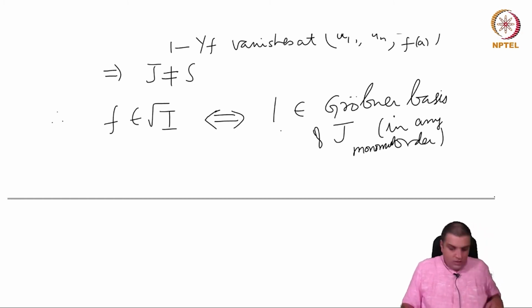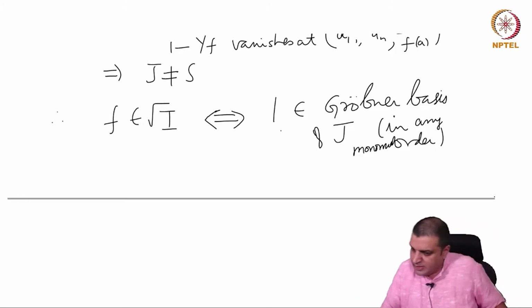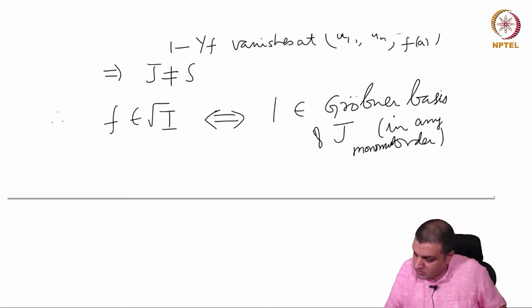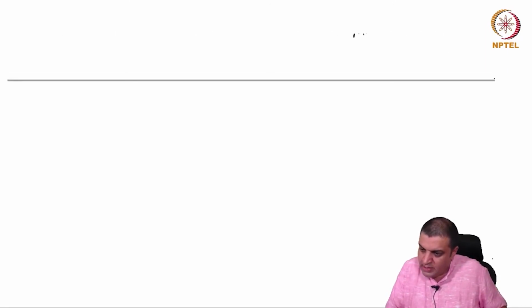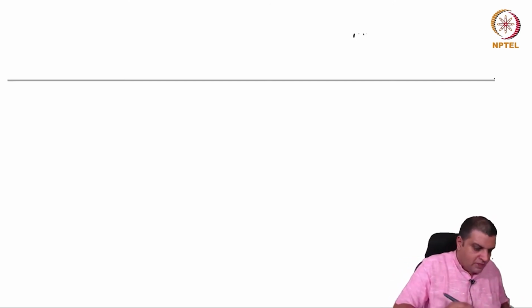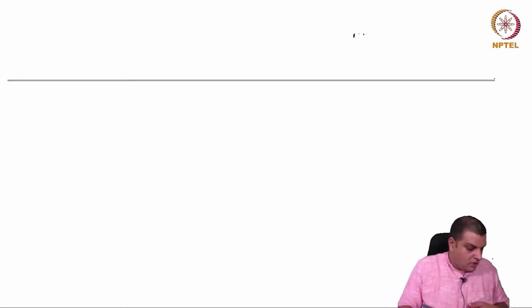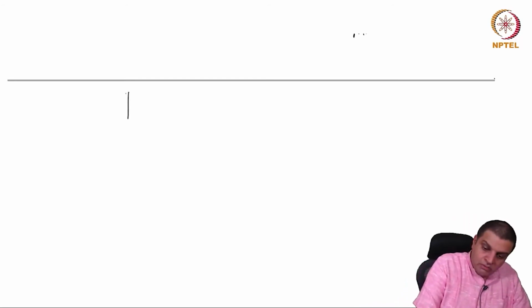Okay, so now we want to study some more about Gröbner bases, and in fact how do we compute a Gröbner basis given a generating set. So typically when we write a program, one would write down the generating set, and then one would need to know the Gröbner basis, and this is called the Buchberger algorithm.